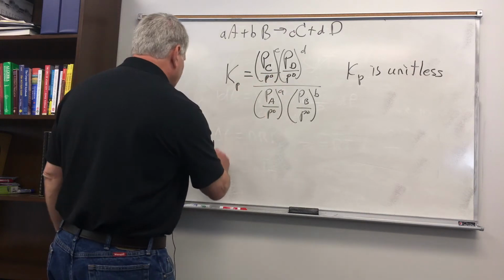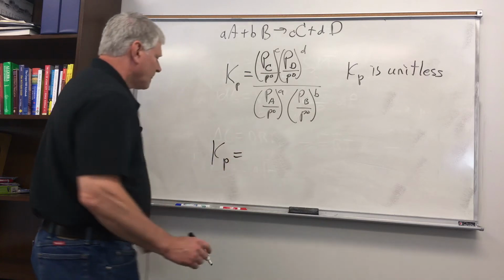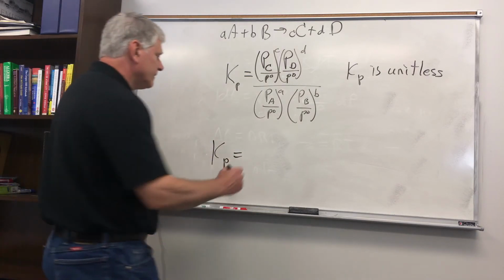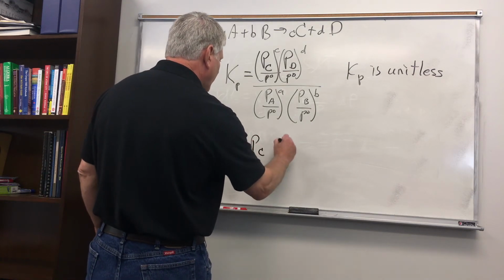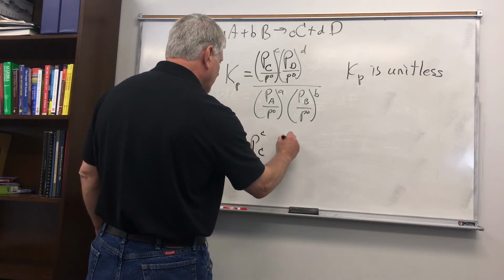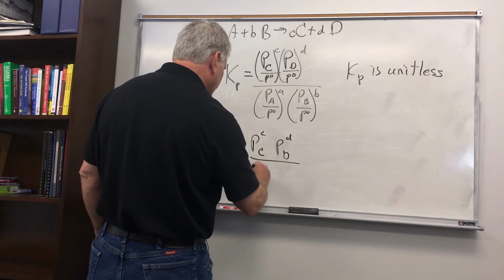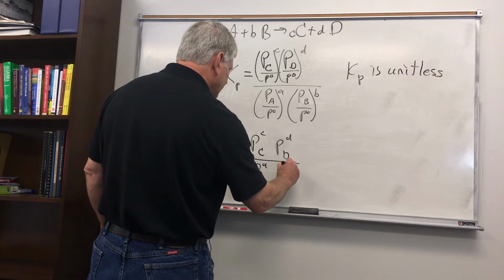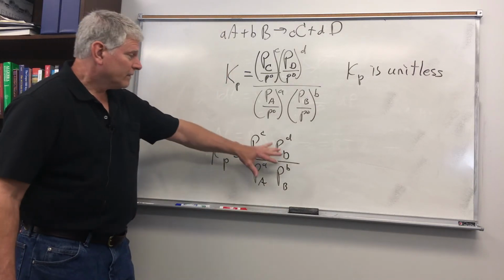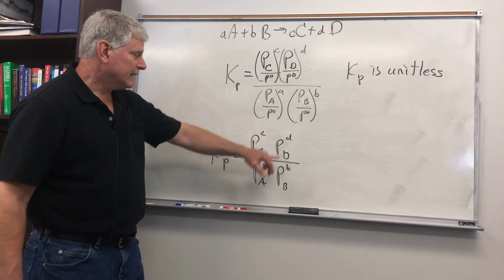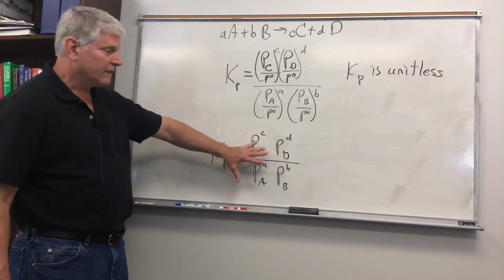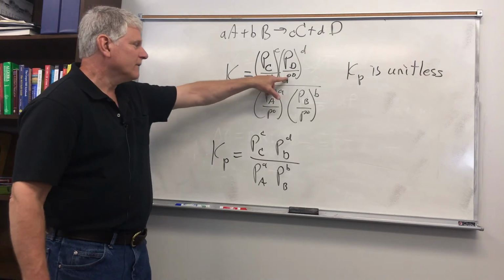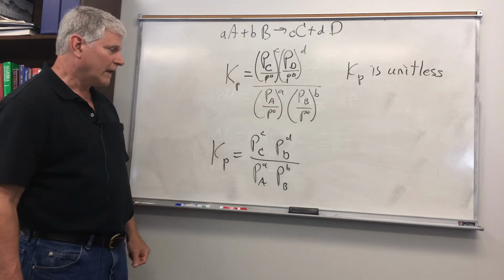So I'll write practically Kp, the equilibrium constant in terms of pressure, is equal to the pressure of the products raised to their powers over the pressure of the reactants raised to their powers. Now, depending on the powers of C, D, and A and B, the units might not cancel in this expression, but we're just leaving out the standard pressures because we don't want to write so much.